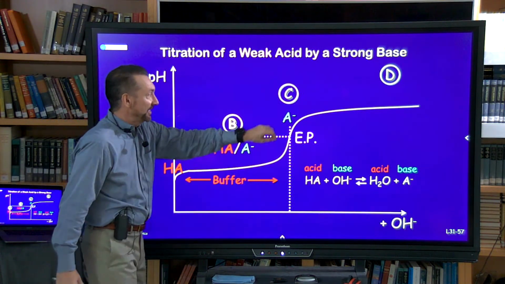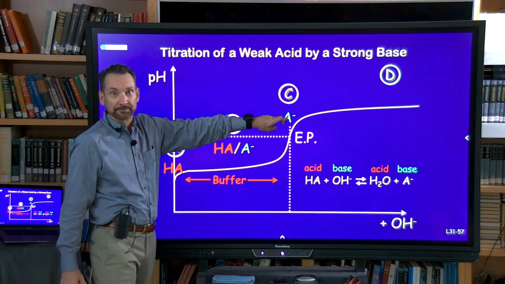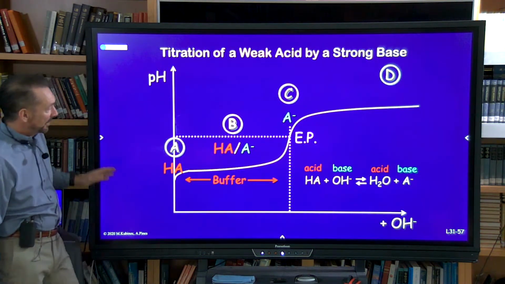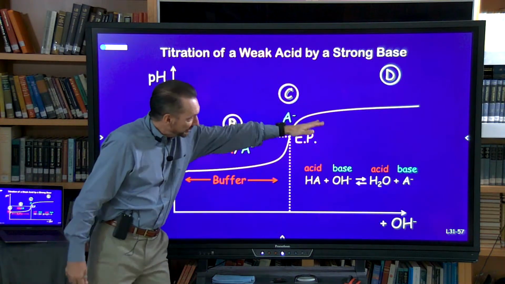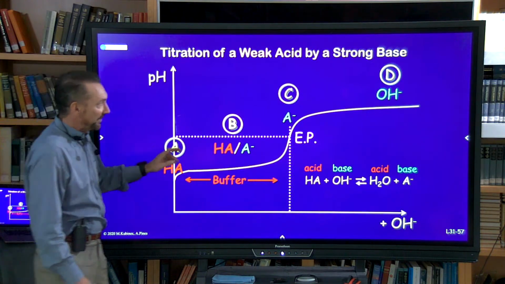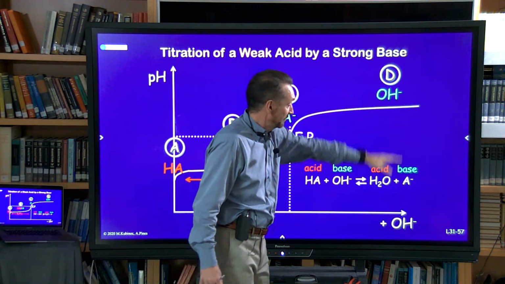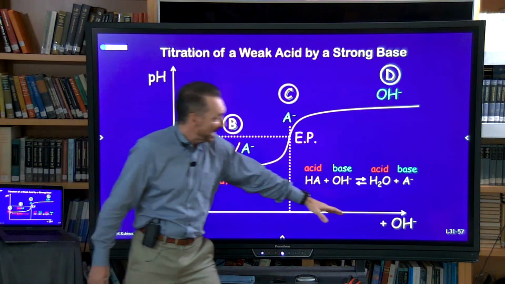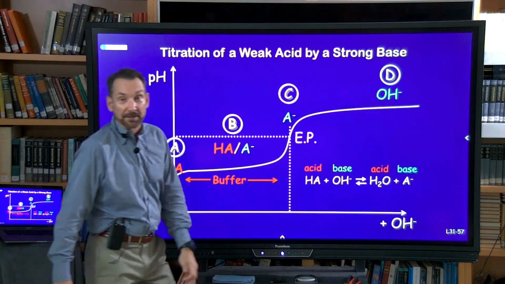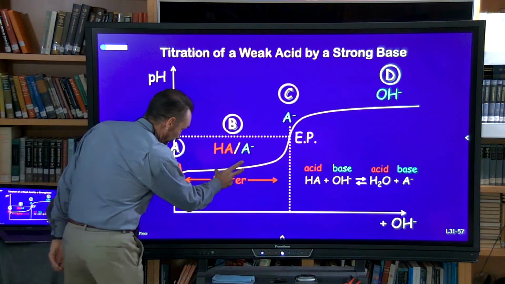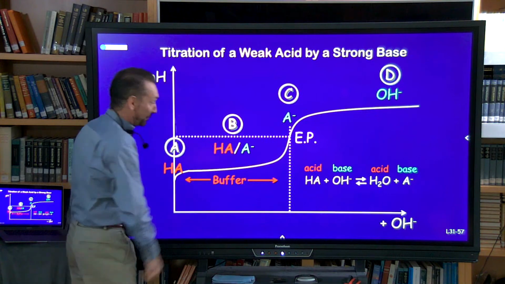And if it's a weak base here, it's mostly that. Okay? And weak acids and weak bases come together. So that's the general description of the titration curve. And when you get out here, it's just OH minus. It's that stuff that you're adding that is determining the pH. This is the interesting part right here, where there's a mixture of the two.